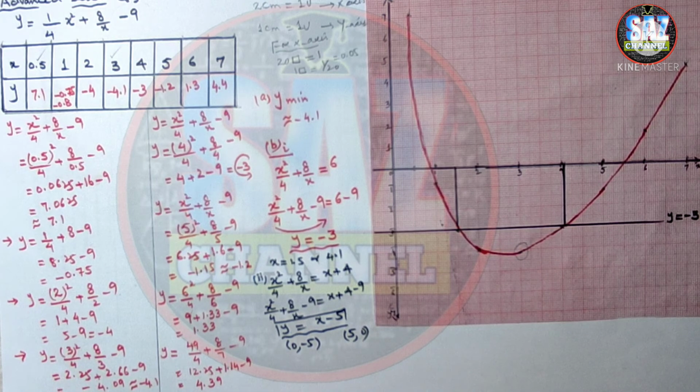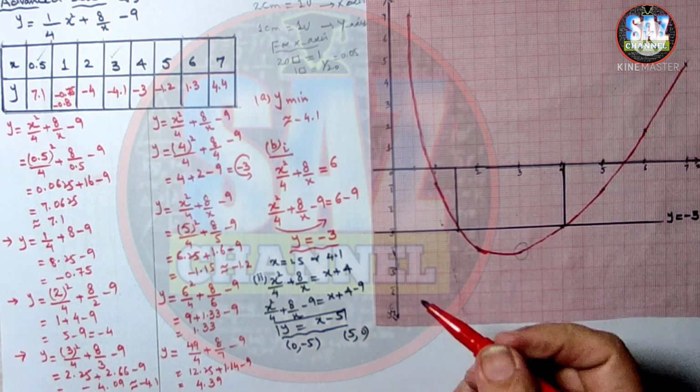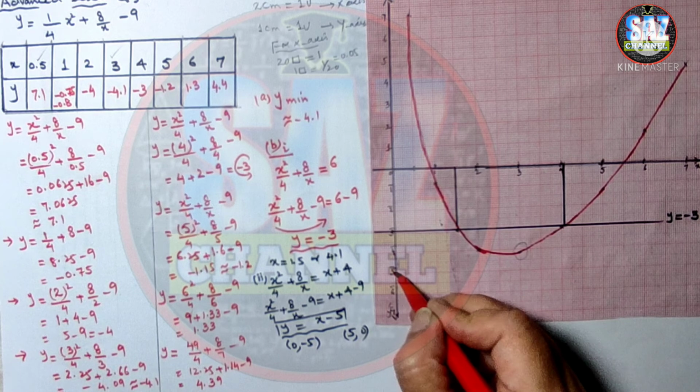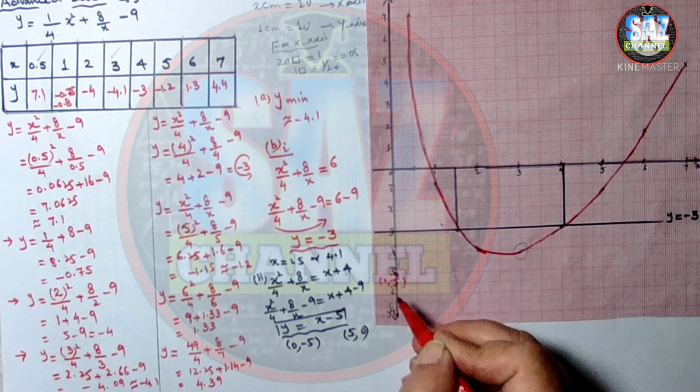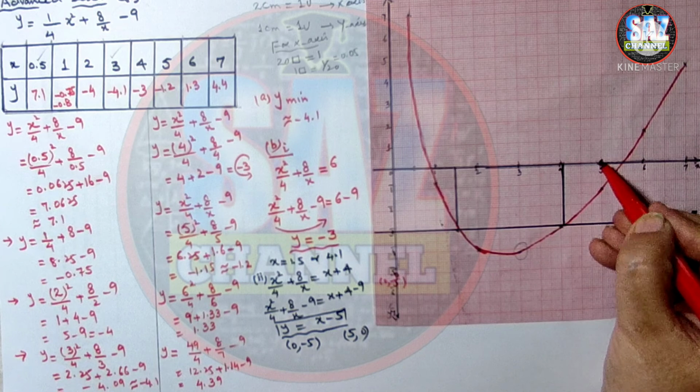So it means in order to get the solution for this situation, I have to mark first 2 points on my graph. This is 0 with minus 5, and this is 5 with 0.